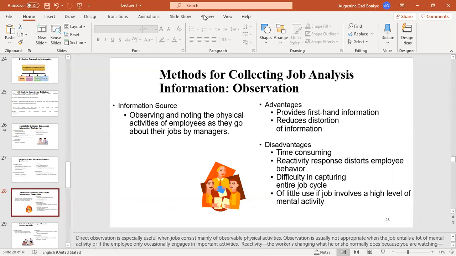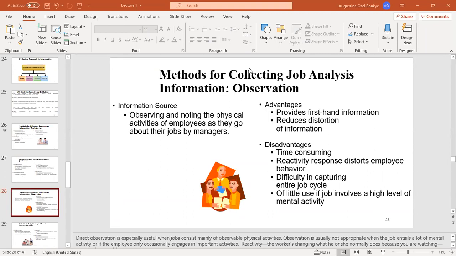So this presupposes that you'll be in your department, then the job analyst will show up, introduces him or herself, and indicates that they want to come around and gather job analysis information by merely observing and recording what is happening.